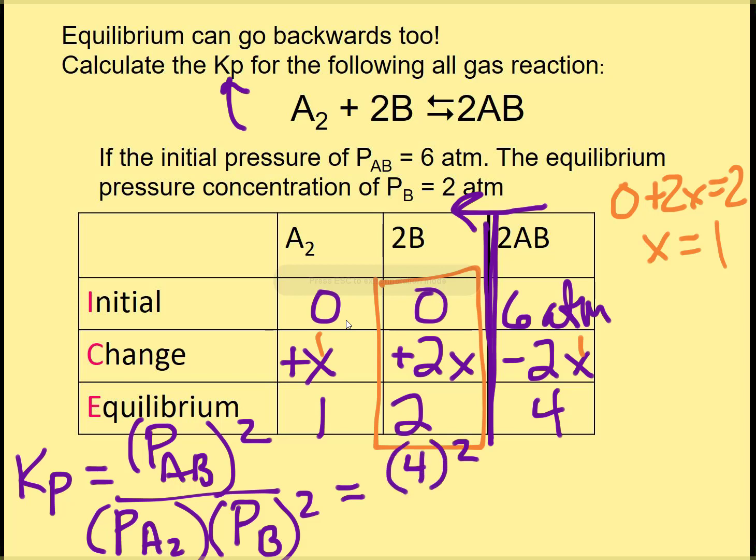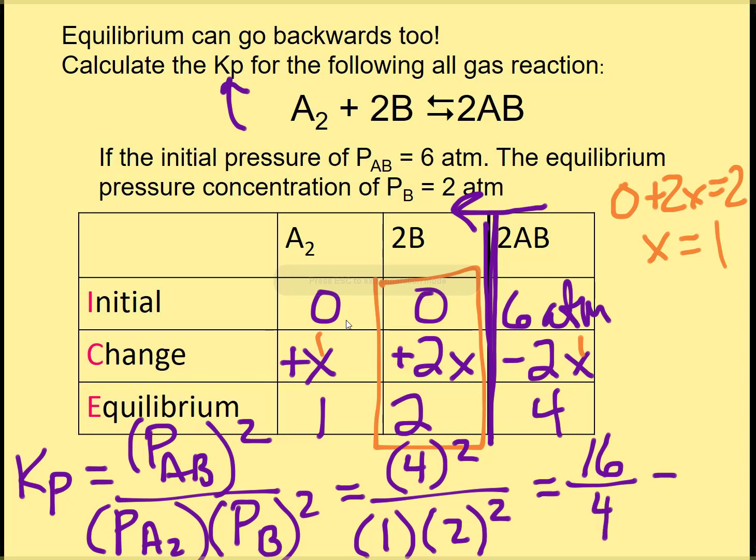I'm going to have 4 squared, and down here I'm going to have 1 times 2 squared. So I end up having 16 over 4, and I have my Kp equals 4. Remember your equilibrium constant numbers, they don't have a unit. So my answer is just 4, and that does confirm that I have more products than reactants.